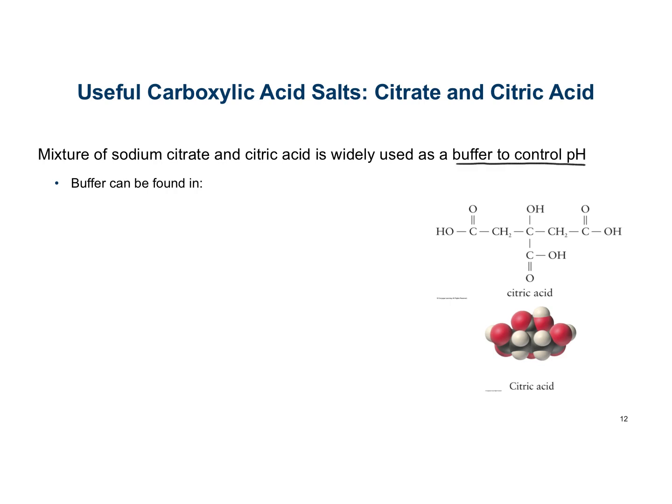And buffers just control pH. What they do is they keep the pH from fluctuating widely. So they'll control the pH and keep it close to where it should be.